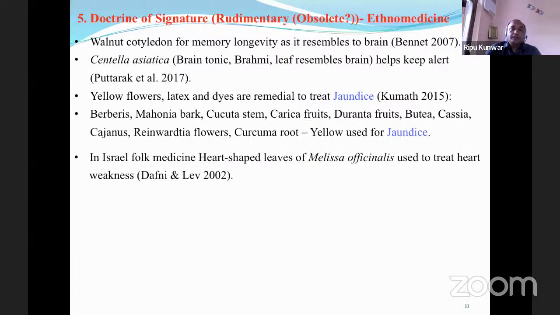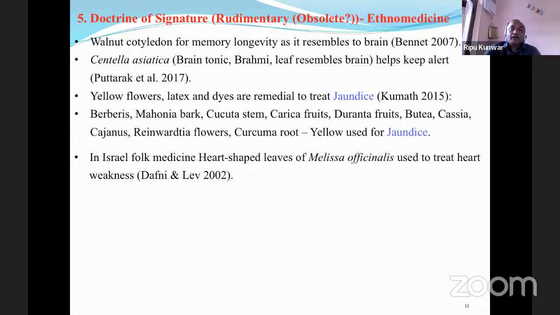As we know, walnut is collected for memory and longevity because it resembles the brain, and Centella asiatica leaf is collected because its leaf resembles the brain. Some data shows that the usage of Centella asiatica leaf helps to keep alert. Some results resemble what we thought.